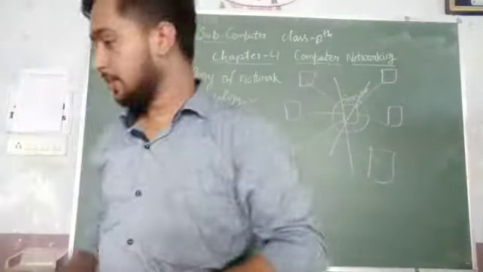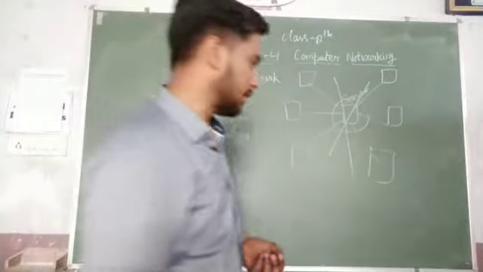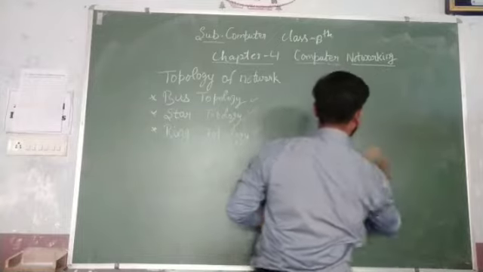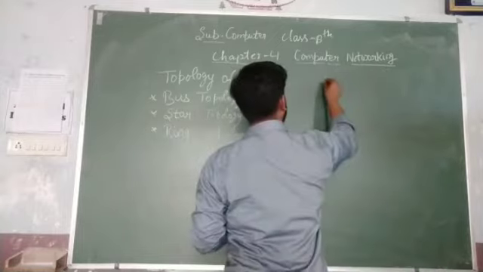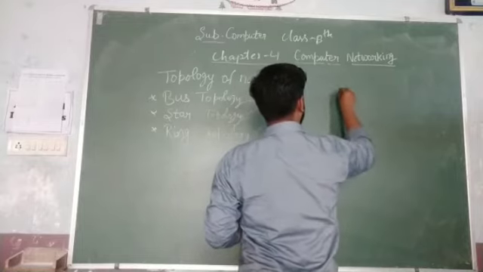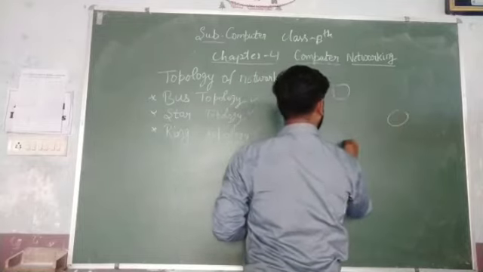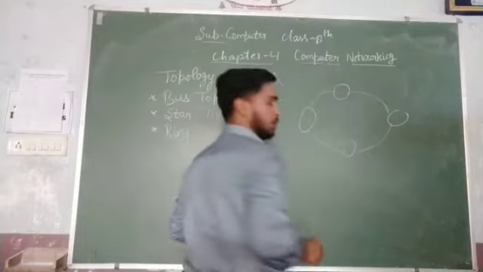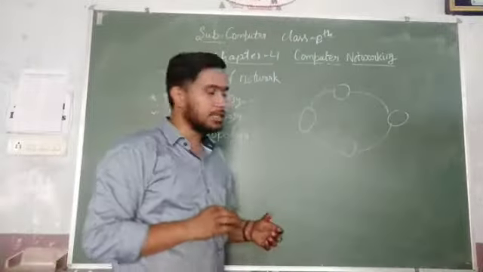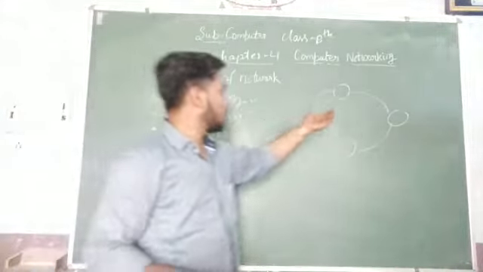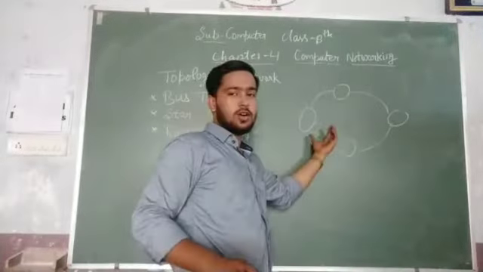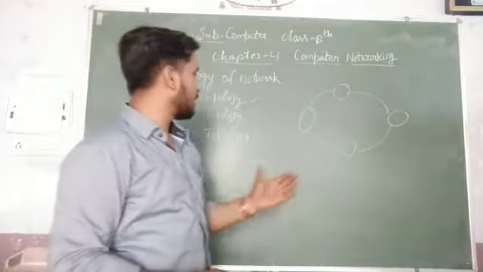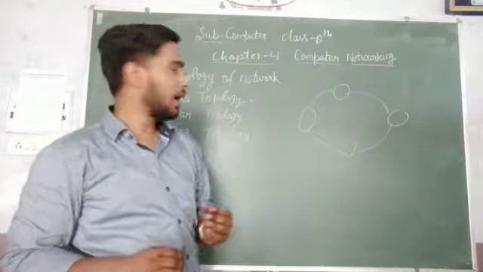Now next is ring topology. In the ring topology, each node is connected with its preceding node and its succeeding node, and it forms a structure like a ring.